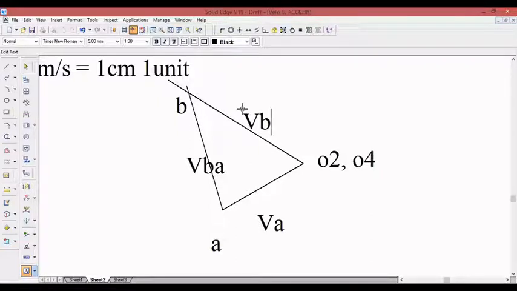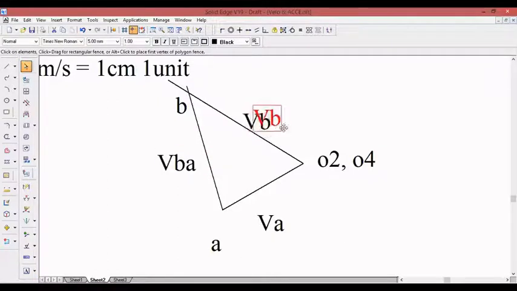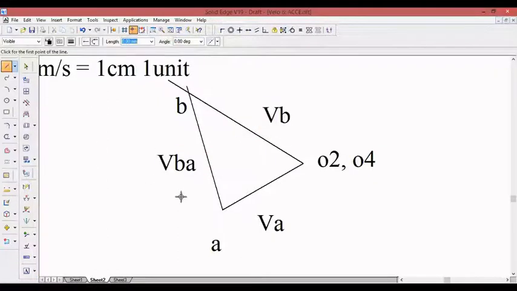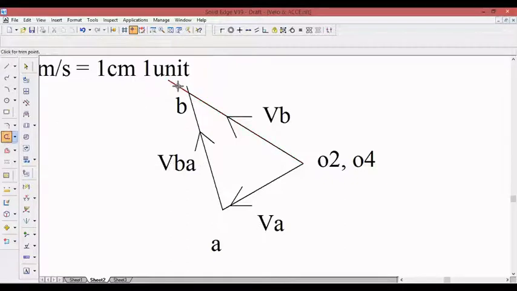So VB we can call it. Coming to the direction of these velocities, the velocity VA will be in this direction, and the velocity of B with respect to A will be in this direction, and therefore the velocity VB will be in this direction. I can trim this extra projection line.